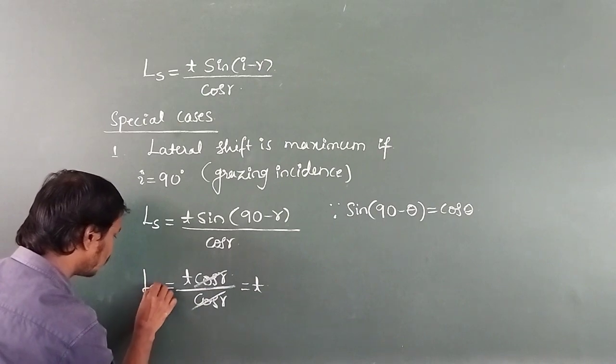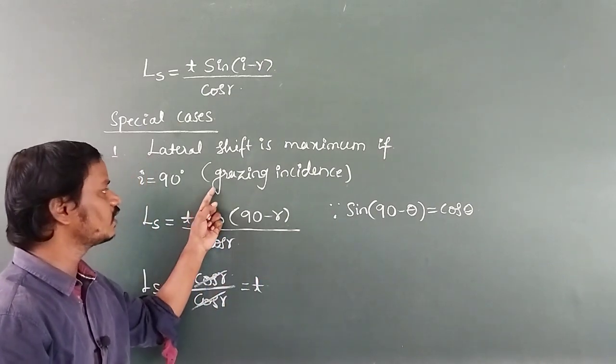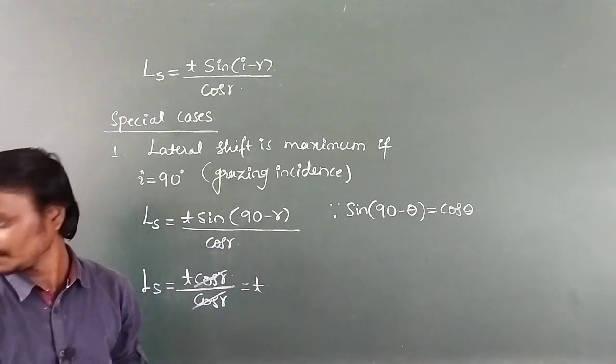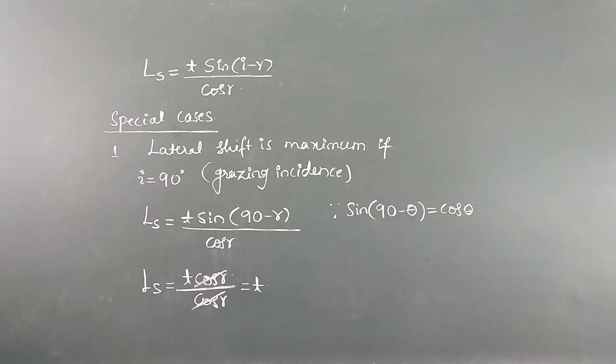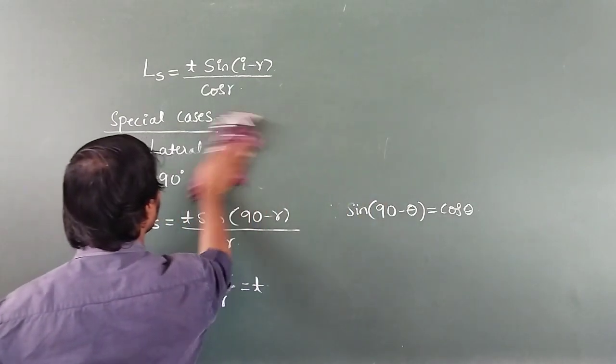Means lateral shift is equal to the thickness of the glass slab only for the grazing incidence, means if the angle of incidence is 90 degree. See here. So let us take glass.